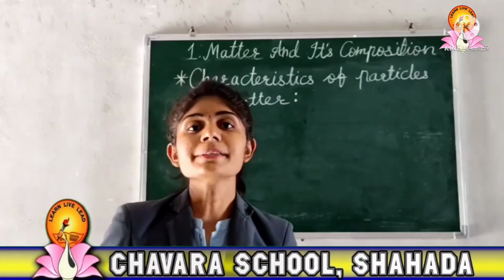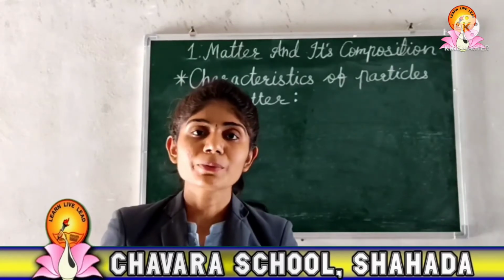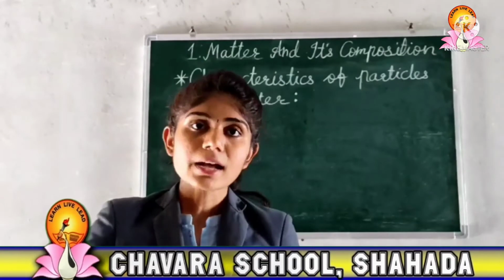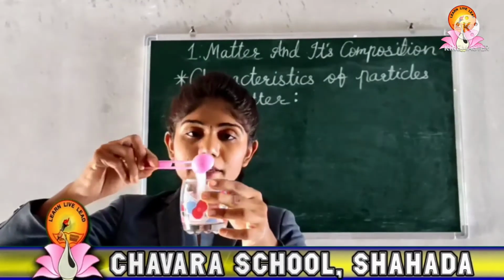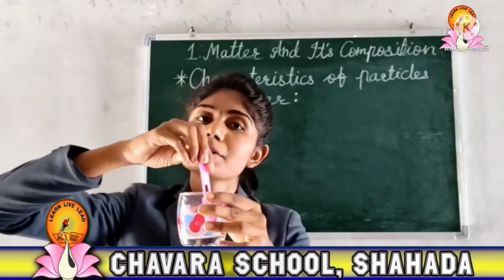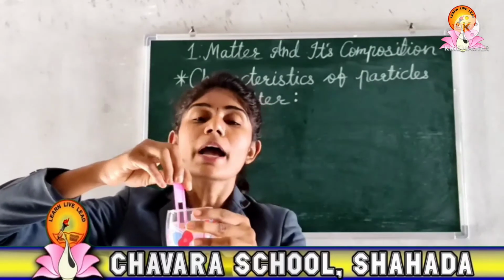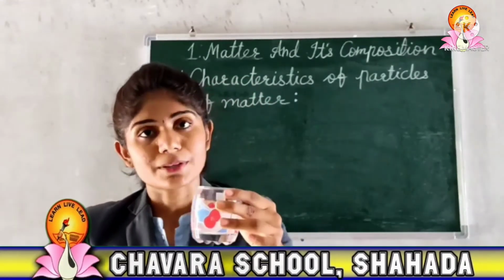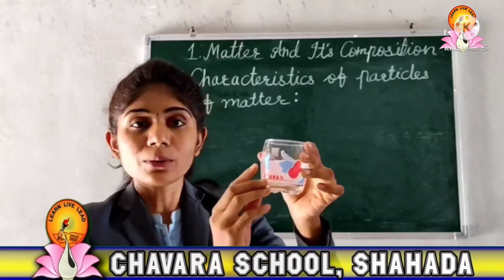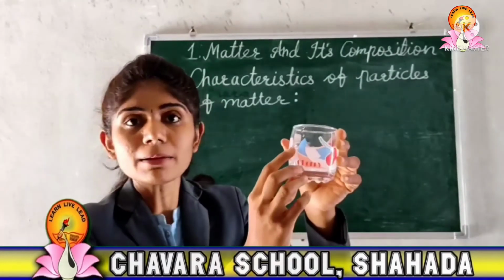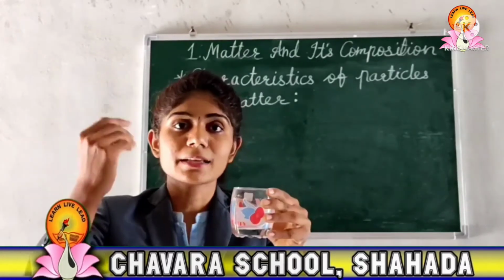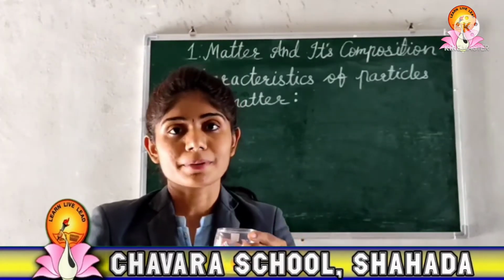Now let's add 1 spoon of salt into it. As I add salt into it and stir it, as a result salt will dissolve into the water. But we notice that the level which we have marked does not increase. Why does this happen?